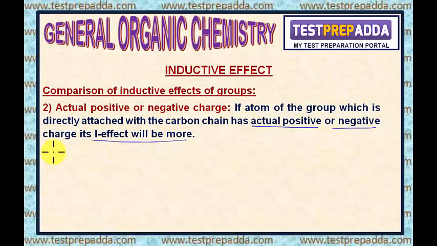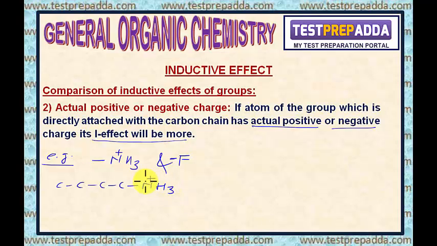I will explain this. If I take the example of NH3 plus and F, these are the two groups. Take the carbon chain and attach this first group with the carbon chain, and again you take the carbon chain and attach F with this carbon chain.